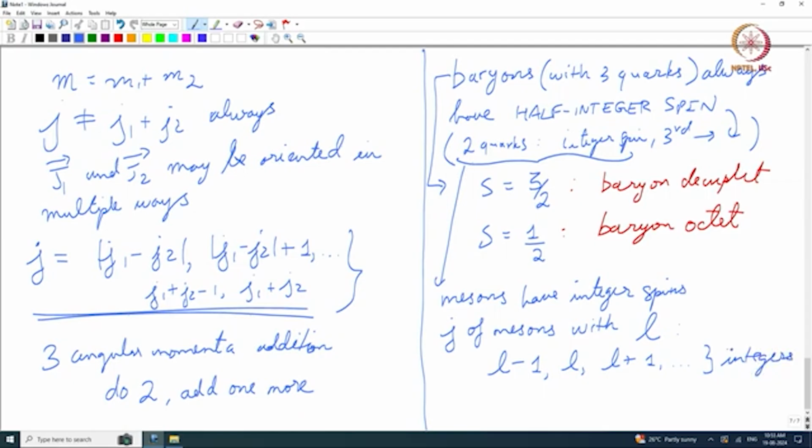Total spin is also an integer value for mesons and total J is also an integer, just because the orbital angular momentum takes on integer values.